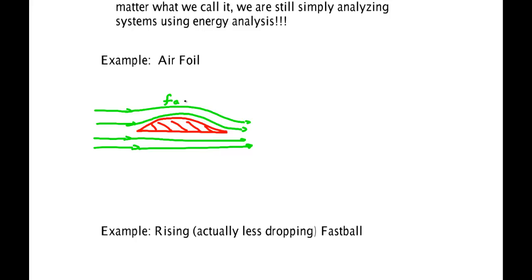So this is the faster air, and this is the slower air. Now what we just learned was the faster air has the lower pressure. So that means this P here is lower than the pressure applied by the bottom air up.